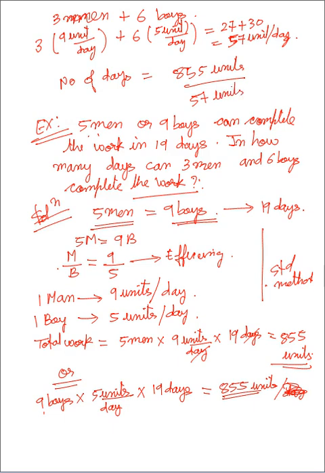So 855 divided by 57, you will get 15 days. Okay, so from here you have to go to the top, so you can follow these steps. See, this is the standard method. The answer you will get is 15 days.